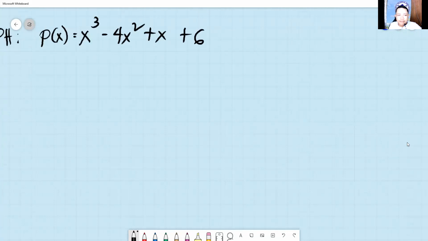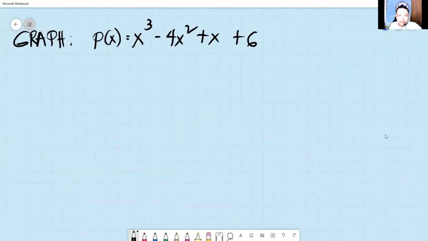So now that we are graphing it, we all know that we need to change p of x to 0. So this will become an equation. So it will now be 0 is equal to x cubed minus 4x squared plus x plus 6.